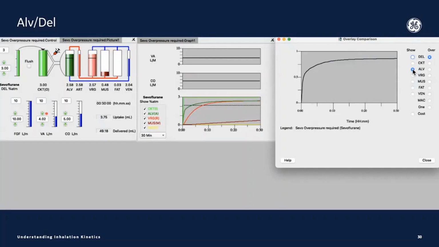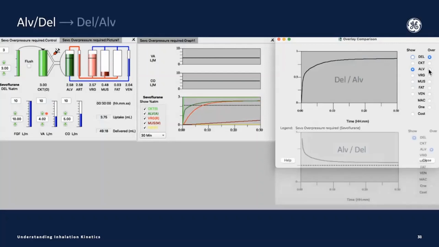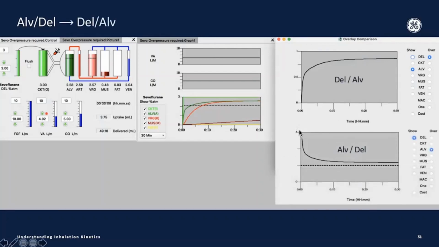If instead of that, in Gasman, we want to show the delivered over the alveolar concentration by pressing those buttons, we actually have this curve generated all by itself. This is the delivered tension required to keep alveolar constant over time.